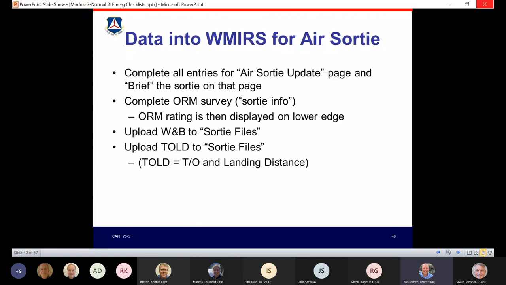Louise, it's Peter. I just wanted to add on there. It's really the more the pilot can go through and do all the work as indicated in that slide right there. It's very, very important to get that ORM, the weight and balance, the total. We went over this in a previous presentation earlier in the pilot course.